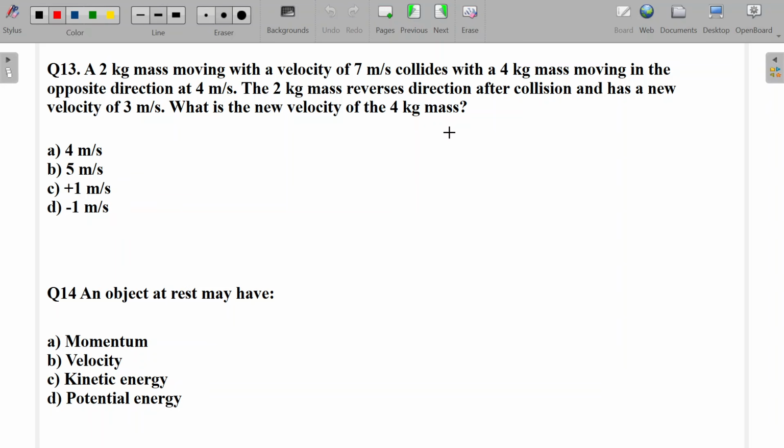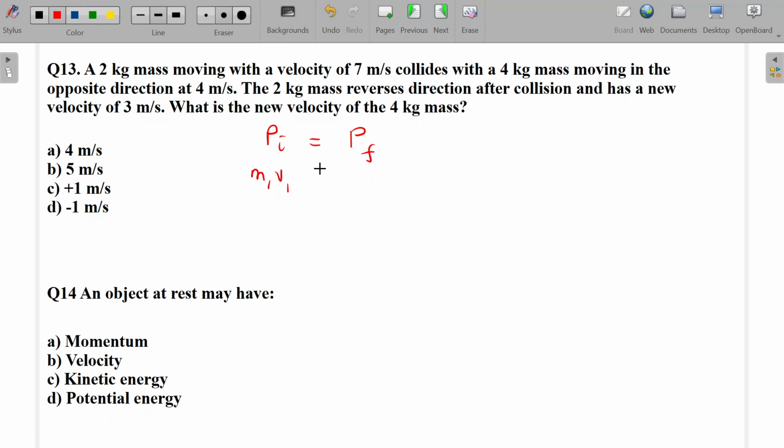So in this case, we have initial momentum, which must equal final momentum. Initially we had a mass of 2 kg, so we had m1 times v1.